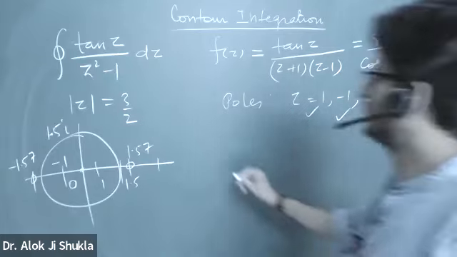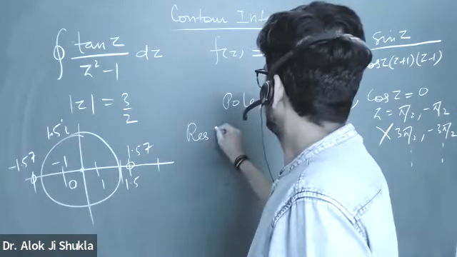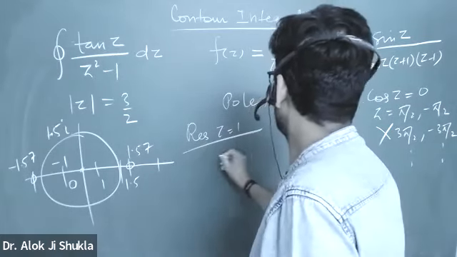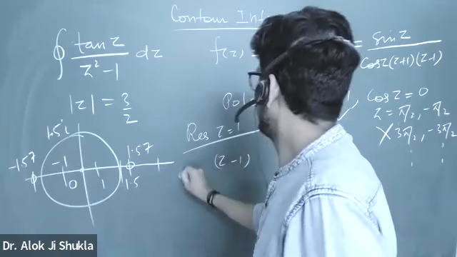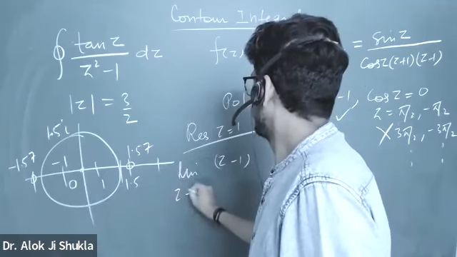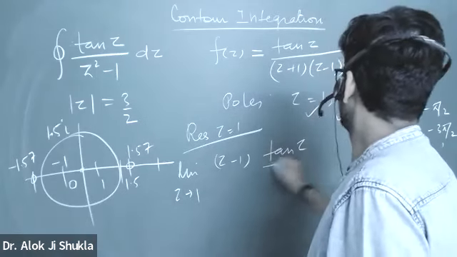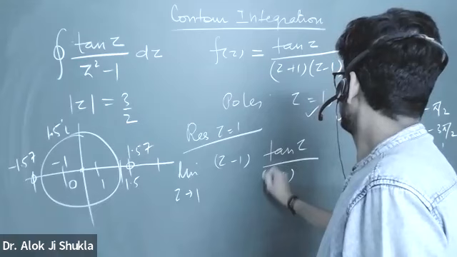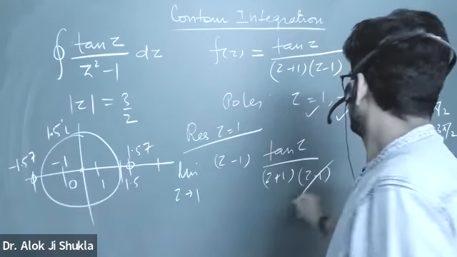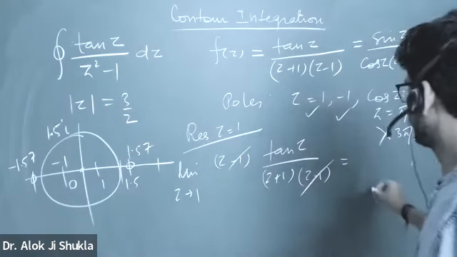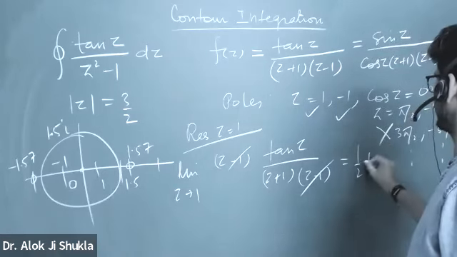So get the residue. Residue for z is equal to 1. First of all, it will be z minus 1, limit z tending towards 1, f z, which is tan z by z plus 1, z minus 1. It cancels and it will become half of tan 1.